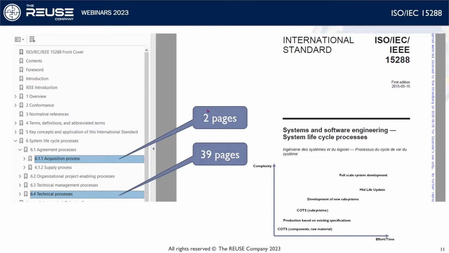You can see it's pretty scarce with information, and it may help you to some extent in the lower end of this picture, where you do acquisition of more components and things. It does not do any good for you if you want to have interworking between the acquisition parts of the process and the actual development part of the process. The standard doesn't really give you much support there. And again, this is what I will be spending most of the time on this hour.